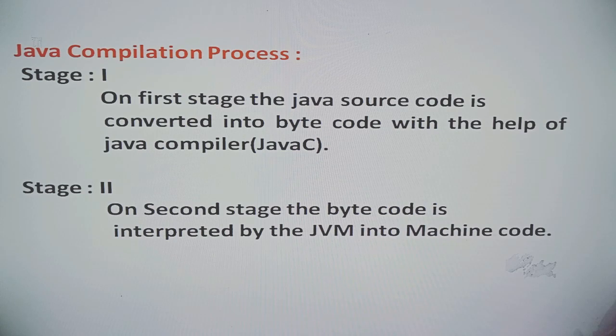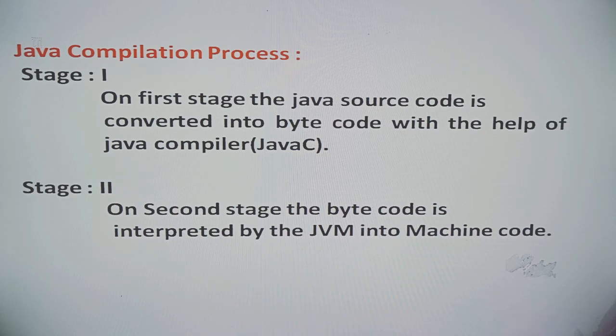Next is the Java compilation process. The Java compilation process deals with two different stages. On the first stage, the Java source code is converted into bytecode with the help of the Java compiler.